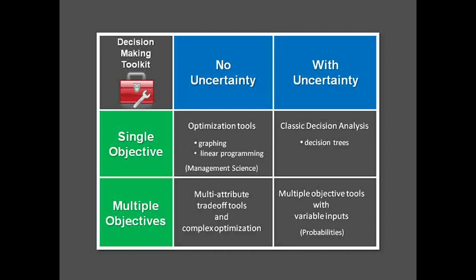Now, the key is knowing where to look in the toolbox, and in particular, knowing whether you have a single objective problem, a multiple objective problem, or a linked decision problem, and whether you have an important source of uncertainty, little uncertainty, or uncertainty that you can in fact ignore. So the key is really knowing where to look, and then once you know where to look, you can figure out at least the class of decision tools that might be available to you.